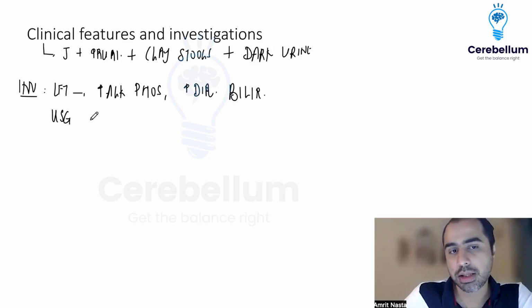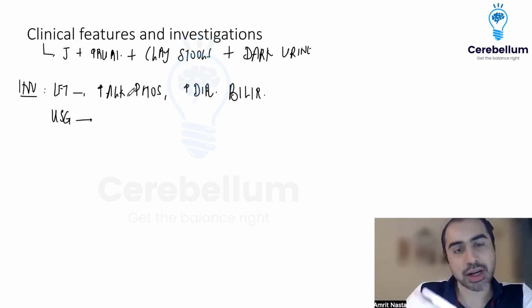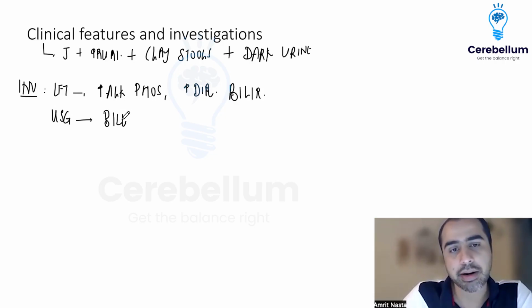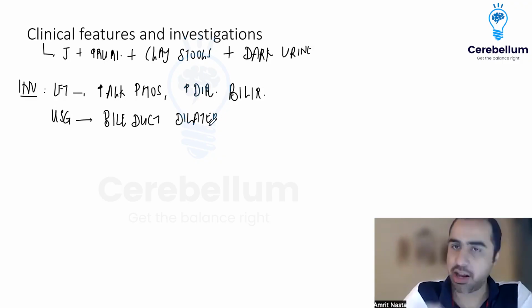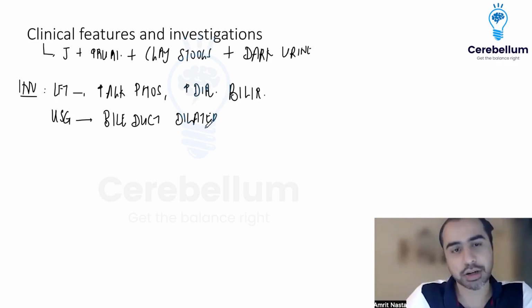Now the thing is, USG will not tell you the cause of obstructive jaundice. It will not give you the answer always. It may tell you the bile duct is dilated, anywhere, it can be the common bile duct or higher up.